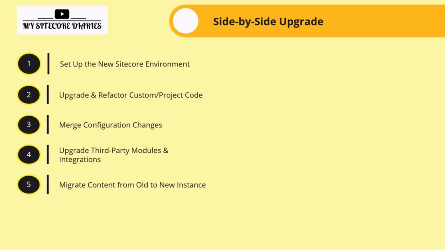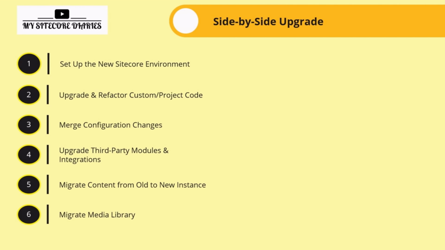If your site is small, you may use packages, but practically I don't think packages are a good option, because there will be a lot of packages which you might need to create. I will prefer to use Unicorn or Sitecore Content Serialization to migrate your content from the old to the new environment.